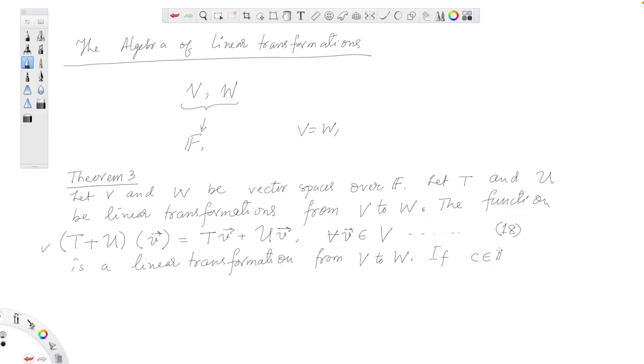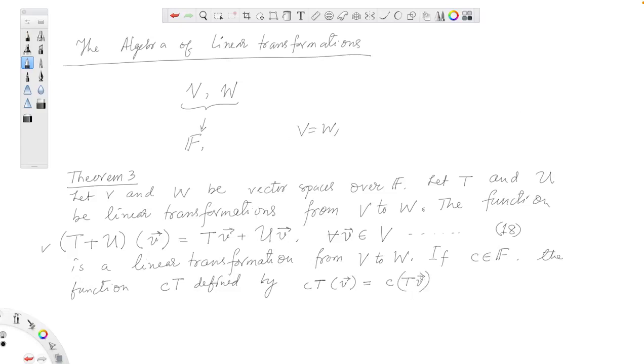Now, if c is a scalar, c taking values from the common ground field of both the vector spaces V and W, we can define a function cT, which will be a linear map from the vector space V to W, defined by the action of this map on a vector v as c times T of v.